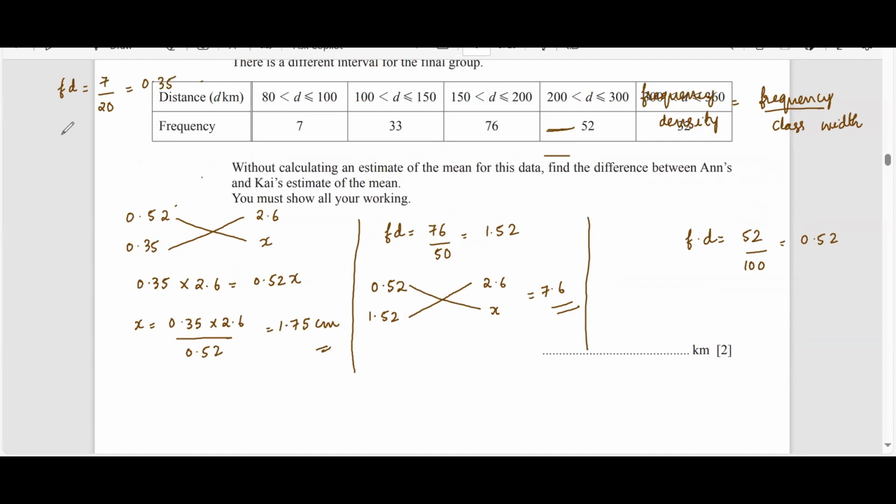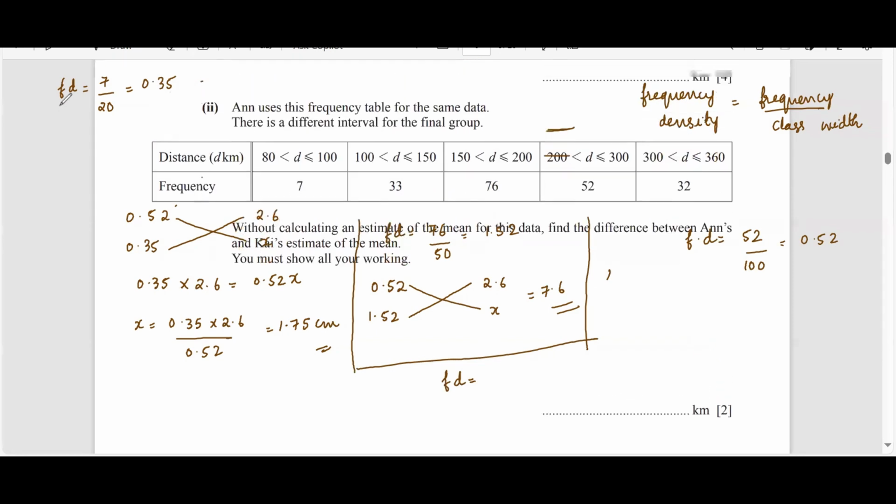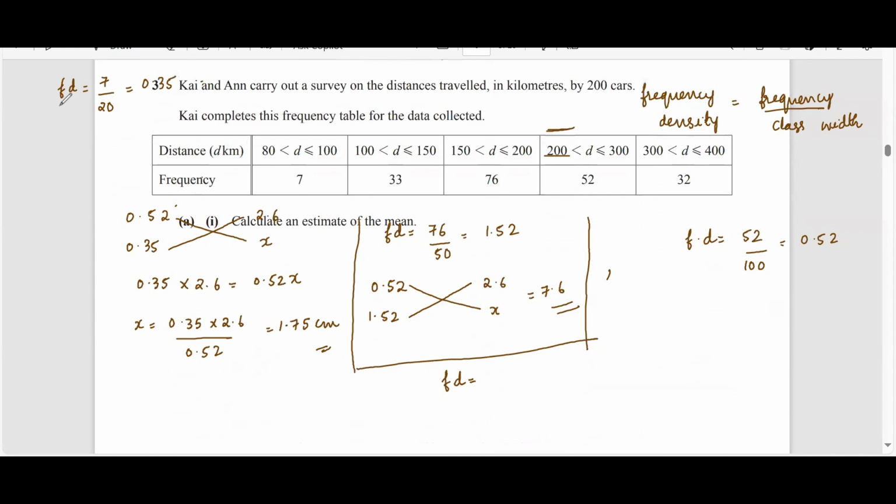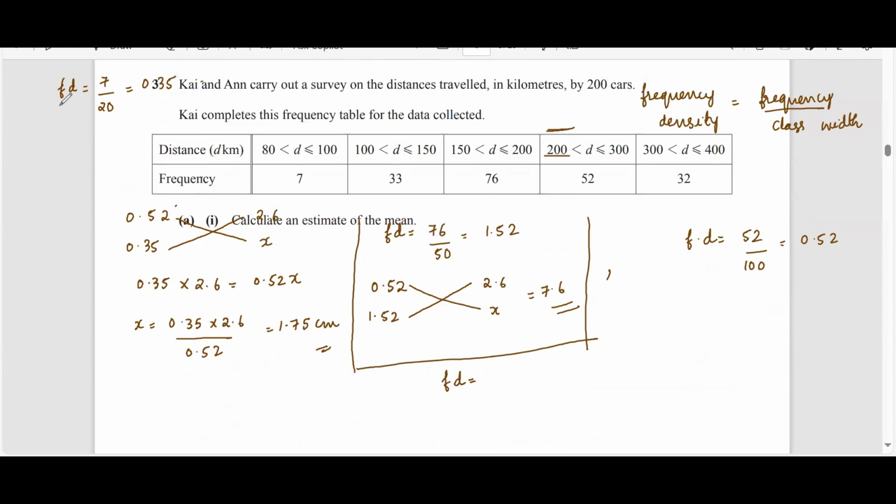So between 300 to 400, let's first find out what the frequency density is. I'll just use this space here. Frequency is 32 for 300 to 400. It's not this one, but here 300 to 400, it is 32. So frequency density is 32 divided by 100, which is 0.32. Now, we know that 0.52 represents 2.6 centimeter in histogram.